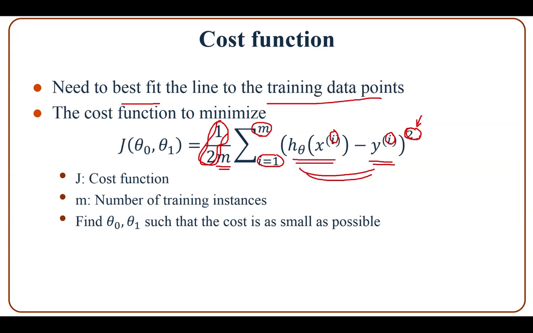That's the reason. The cost function is the function of two variables, theta naught and theta 1. And you need to find theta naught and theta 1 such that the cost is as small as possible.